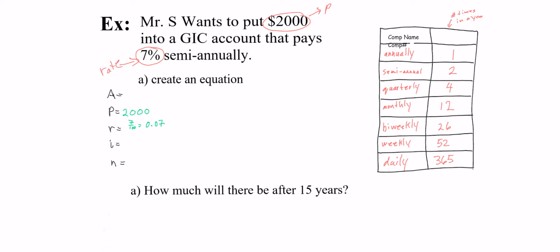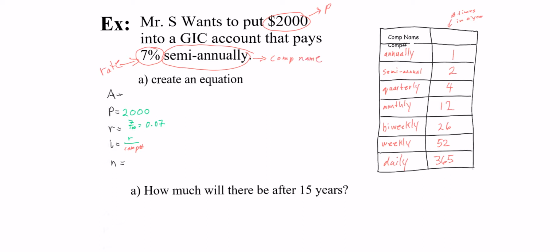Finally, this is the hard stuff. Anytime we talk about i, we have a specific equation that we use: r divided by the comp number. Now, the comp number is always tied to the comp name, which is semi-annually in this case.